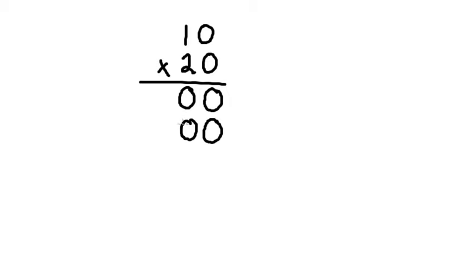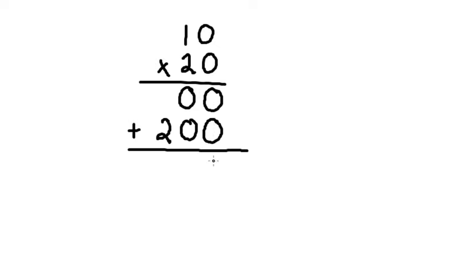And since we filled up this slot, we want to go one more digit to the left. So we put a 2 right there. We don't have any more digits on the bottom number, so we add these two lines up.